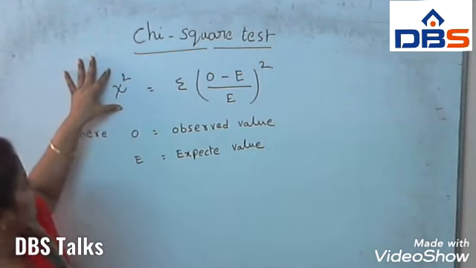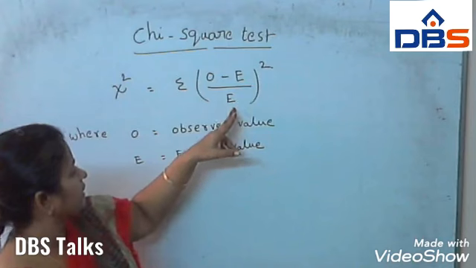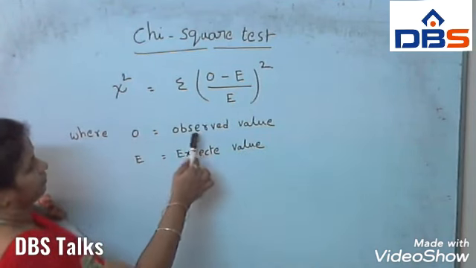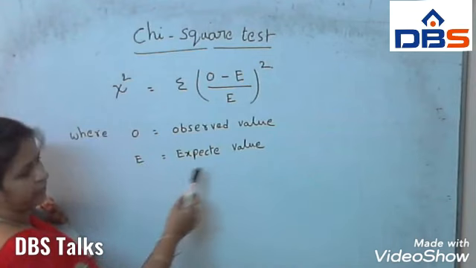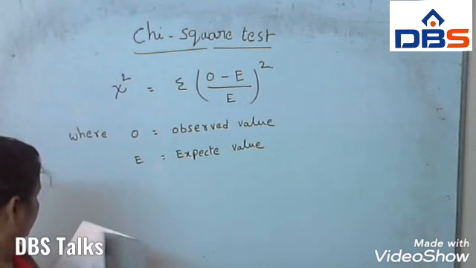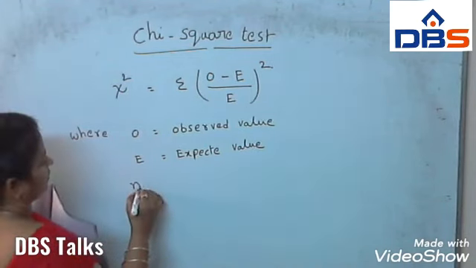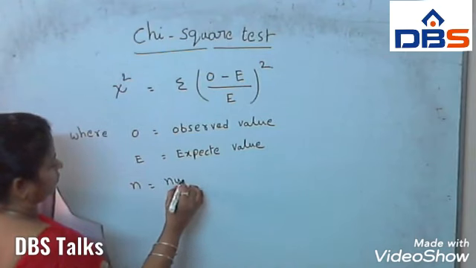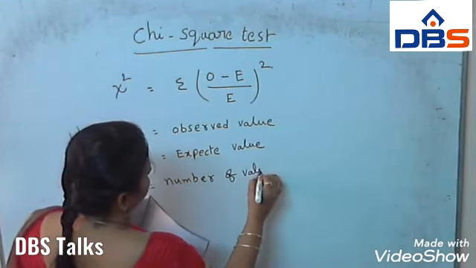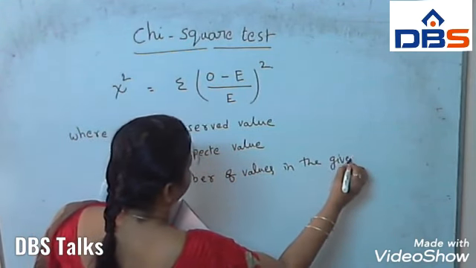For that, chi-square equals sigma (O minus E) whole square by E. That means O equals observed value, E equals expected value, and N equals number of values in the given data, in the given experiment.